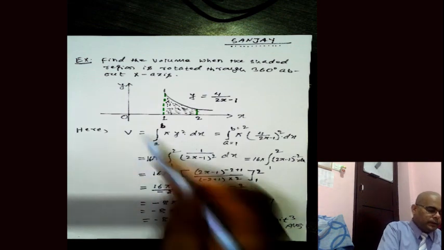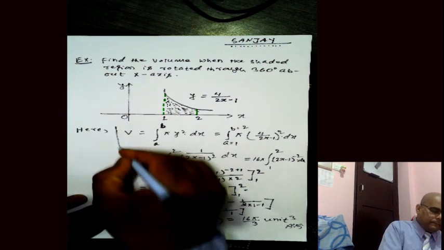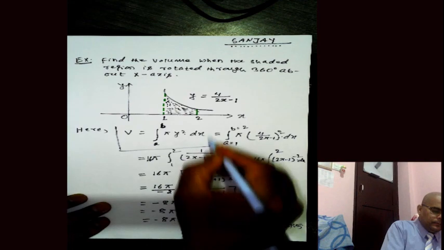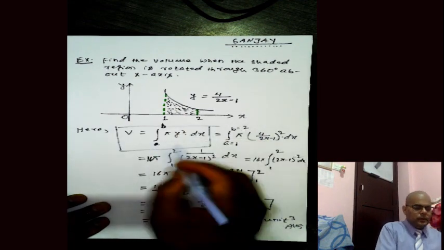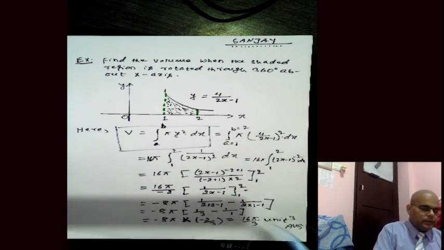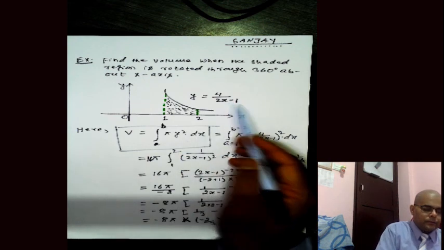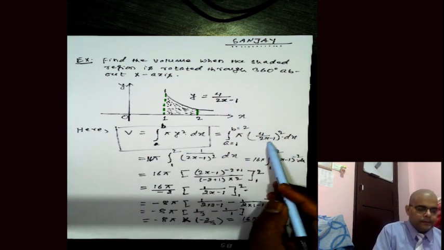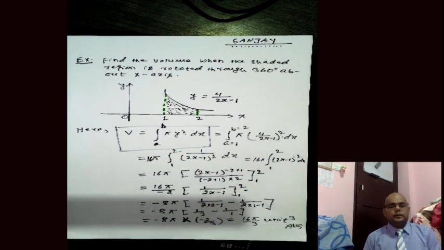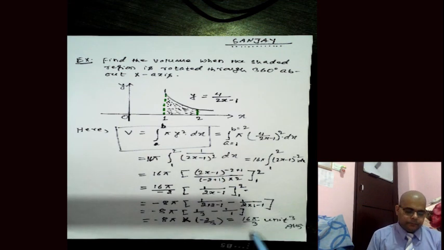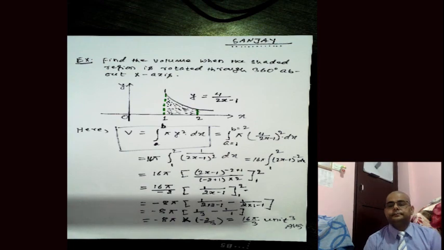The general formula to find the volume is like this, and in place of y we have 4 by 2x minus 1, so we put that in, then simplify it so that it is in integrable form, and after integration the answer is 16 pi by 3 cubic units.